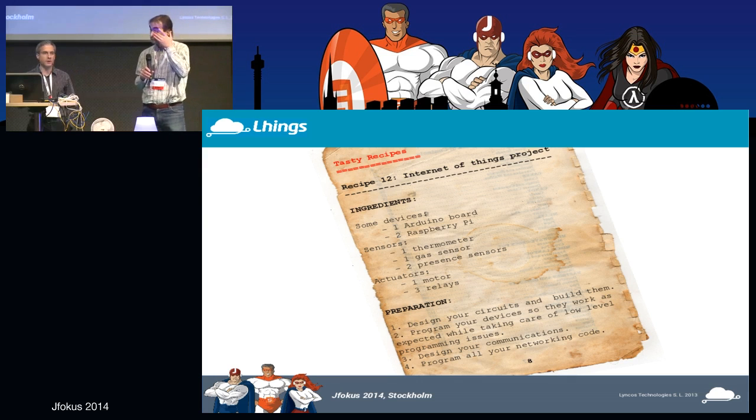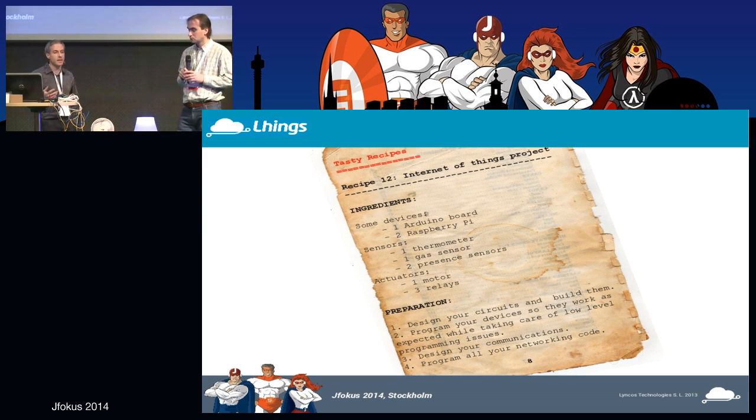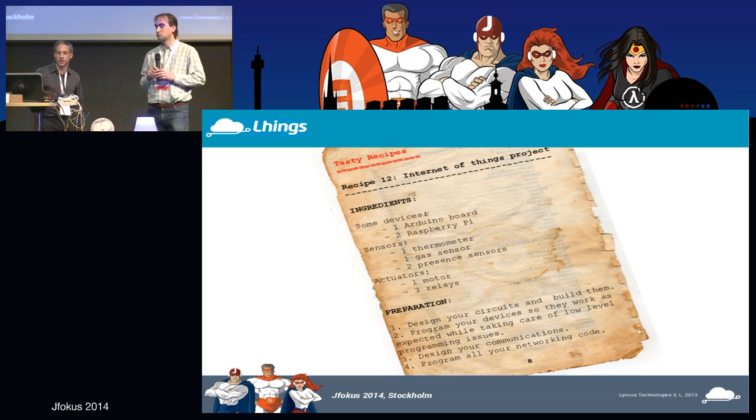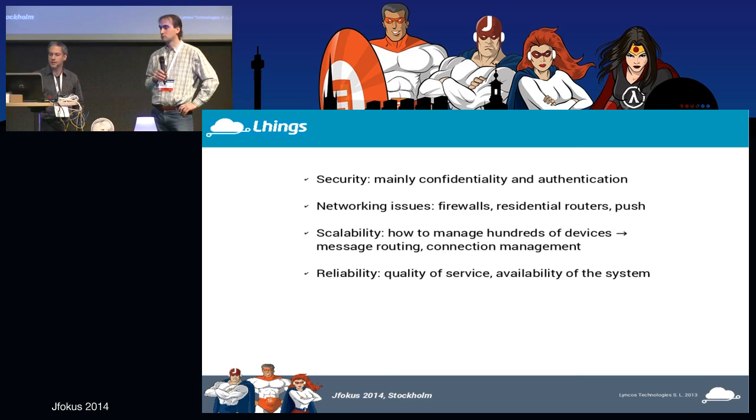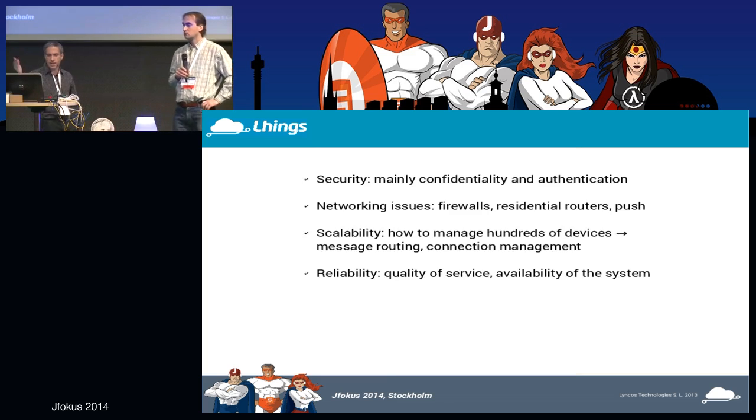We have to deal with a lot of hardware issues. And also, as we're working with an Internet of Things application, we need to deal with a lot of networking issues, with communications through the Internet, and program all our networking code so that our devices connect to each other through the Internet. So the point is that we have to deal with many issues like the ones I show here.